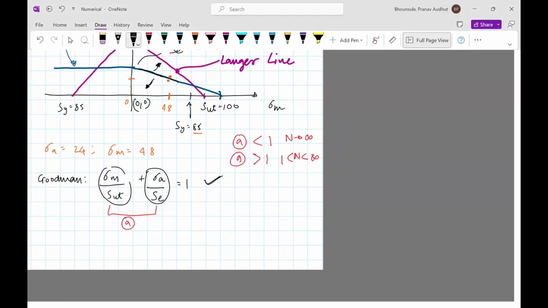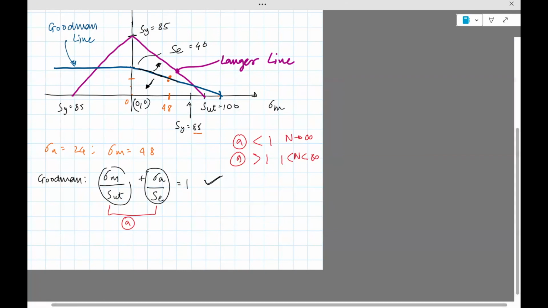So here we go. Sigma M is 48. SUT is 100. Sigma A is 24. SE is 40. So we can compute this, and we quickly compute that 48 divided by 100 is 0.48. 24 divided by 40 is 0.6, so it's 1.08.